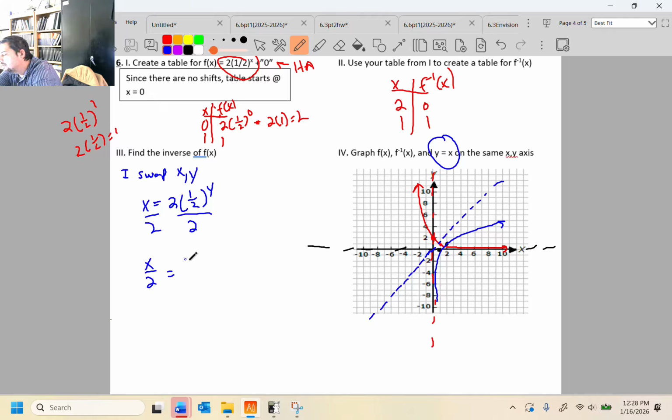So x over 2 is 1/2 to the y. You can go through and identify my parts: base, exponent, argument, because bases have exponents. So I have a logarithm of base 1/2. Her argument is x over 2, and she would equal y. Last step is notation. I write the inverse of f of x.